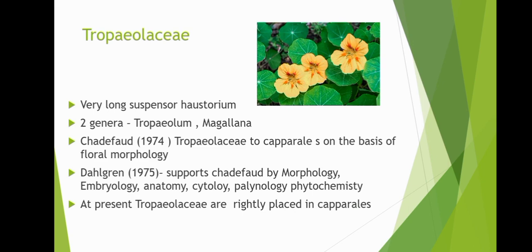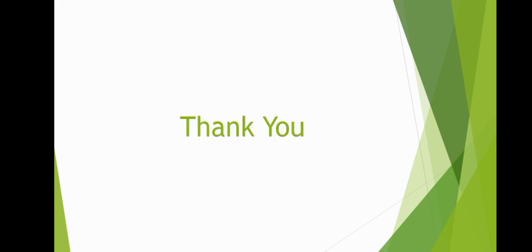Later, Dahlgren in 1975 supported this by morphology, embryology, anatomy, cytology, palynology, and phytochemistry analysis. At present, it is rightly placed in the Capparales, and these are the studies done in embryology with taxonomic characteristics. And this is all about my topic. So happy learning and thank you.